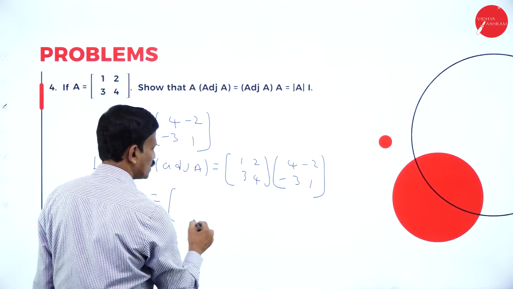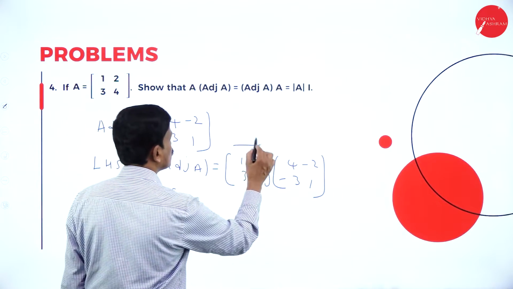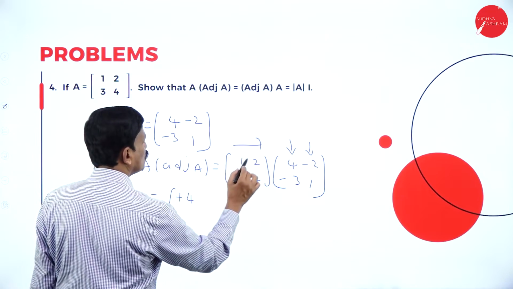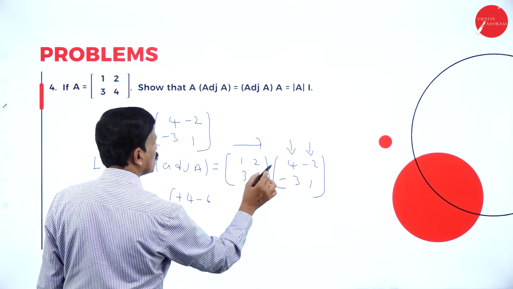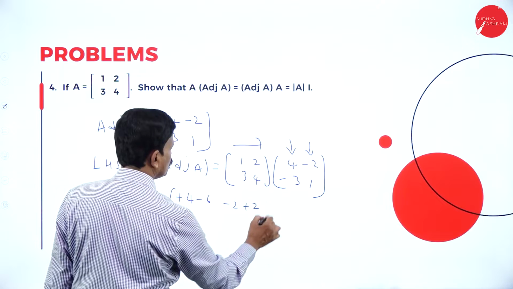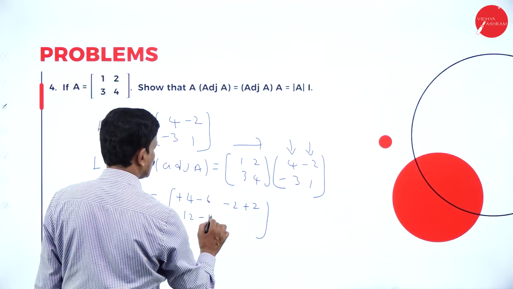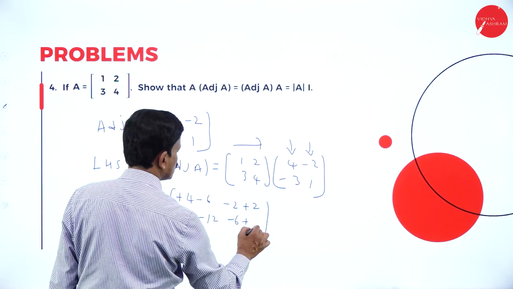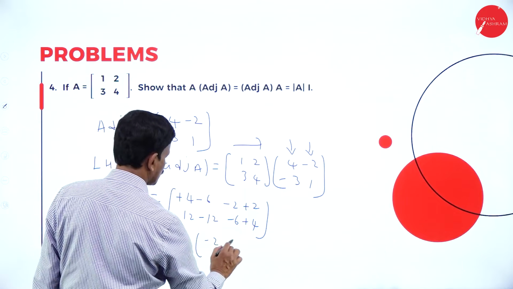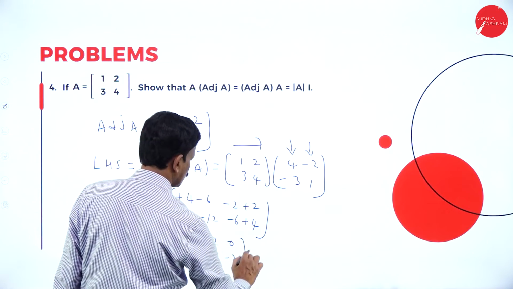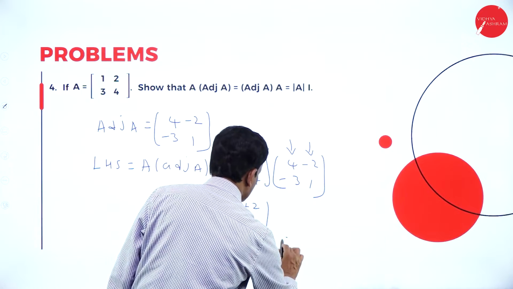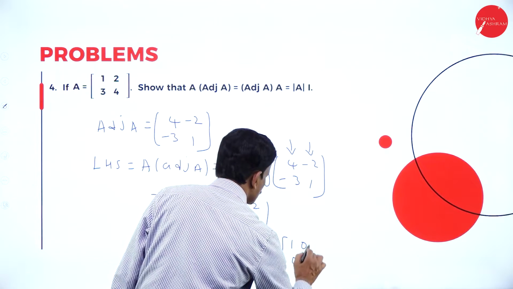Let me simplify once again. 4 ones are 4, minus 6, minus 2; minus 2 plus 2, 3 4s are 12, minus 12; 3 2s are 6 plus 4. That's equal to minus 2, 0, 0, minus 2. You can take minus 2 out, then you will get 1, 0, 0, 1.